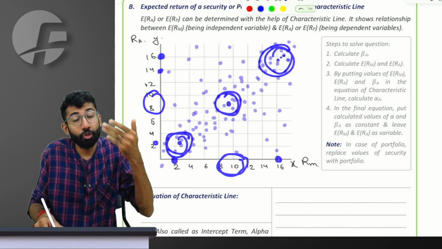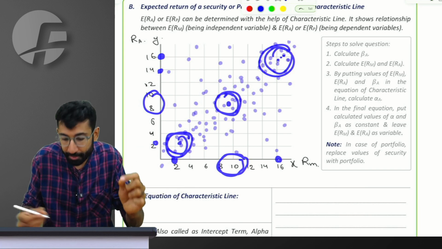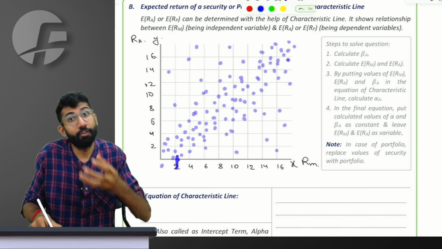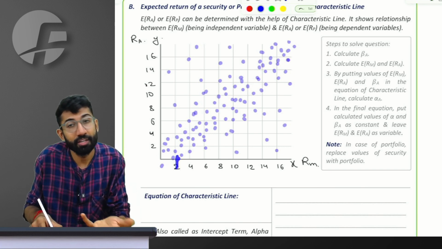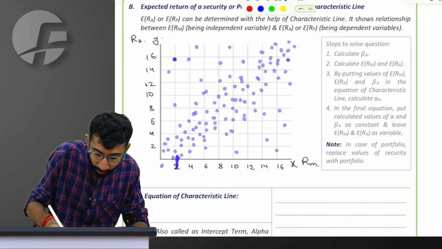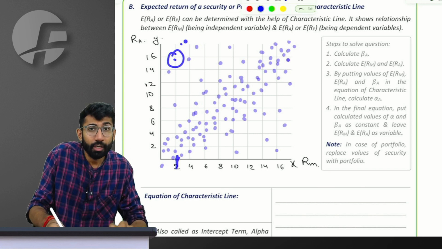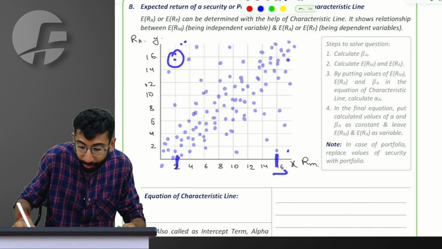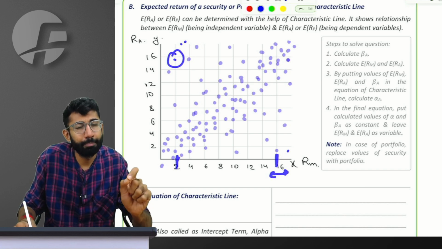Which means there would be certain one-off circumstances when the market gives a lower return, but something very positive happened to the security, a big deal or something, which is why the security gave a positive return. There would be scenarios where the market really gave a higher return, but something negative happened with the company.